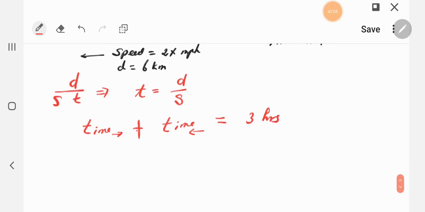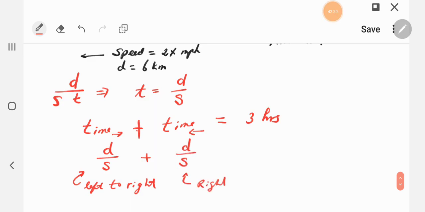So using this, we can write an equation: distance over speed for going from left to right, plus distance over speed for right to left, is equal to 3.